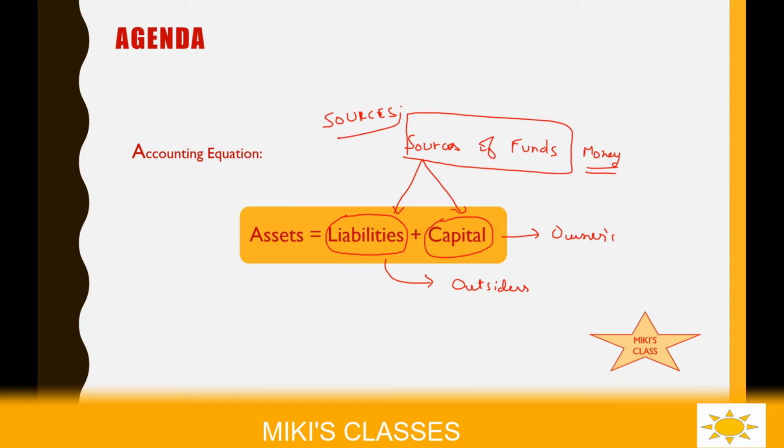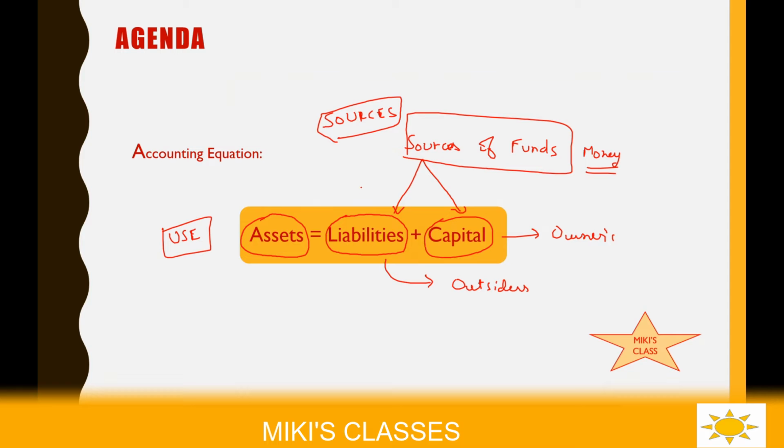Correct? And if you think about it, assets are what? Assets are things which you require to run your business, such as machinery, a factory, a building, land. All of these are examples of assets. This is not an exhaustive list, but these are examples of assets, right? For assets, you'll have to use the funds.